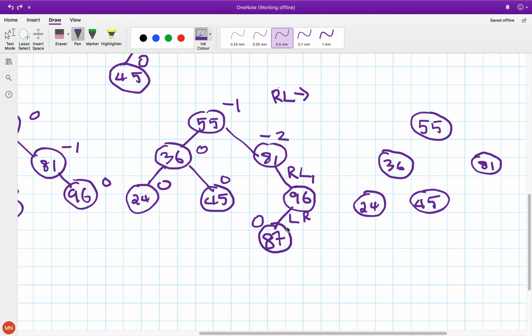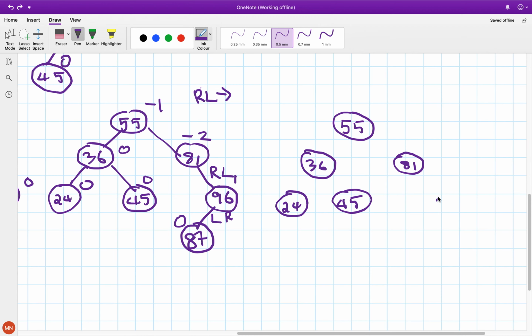So my new root will be, this 96, whatever comes to 96 will be replaced by the node 87. So 81 is connected to 96, now 81 will be connected to 87. So you can draw it here. I will have 87 here, then on the right side of 87 we will have 96.